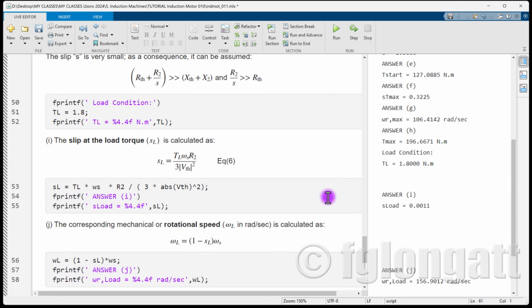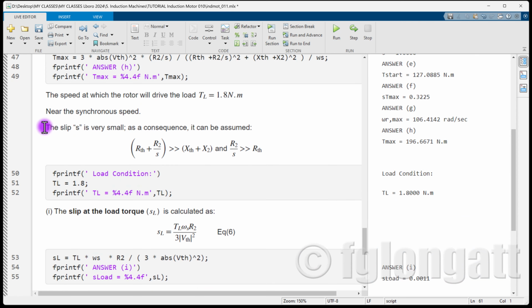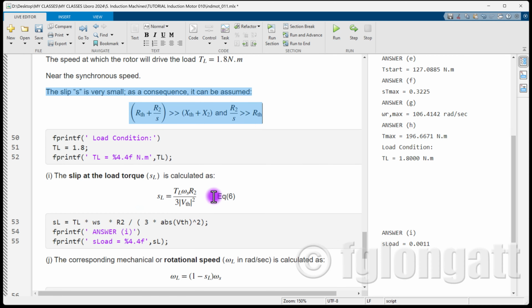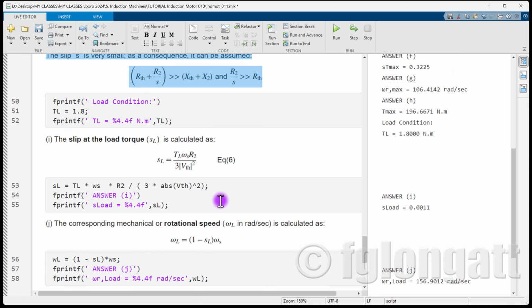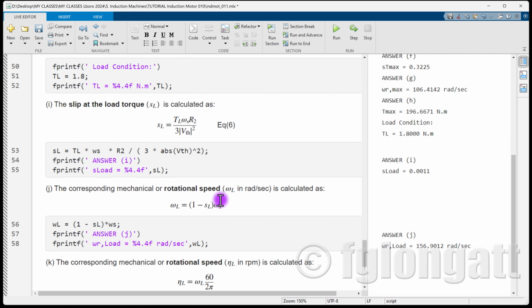But remember, we were able to solve this problem in a very simple way because we know that this load is extremely small, and we can do some simplifications and obtain equation number 6 that allows us to simplify a lot the calculations and obtain the solution.